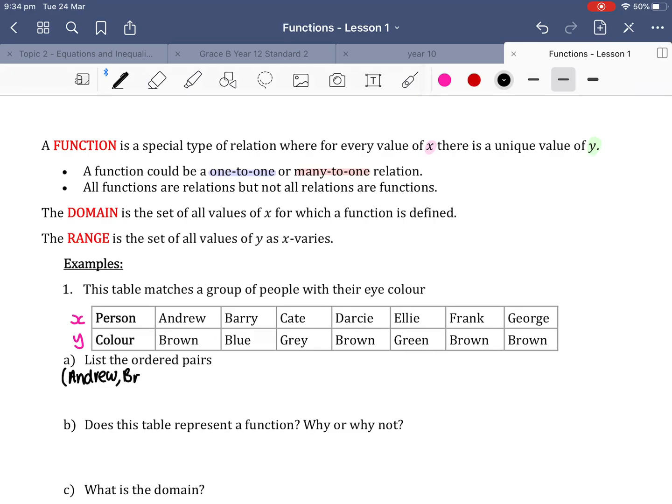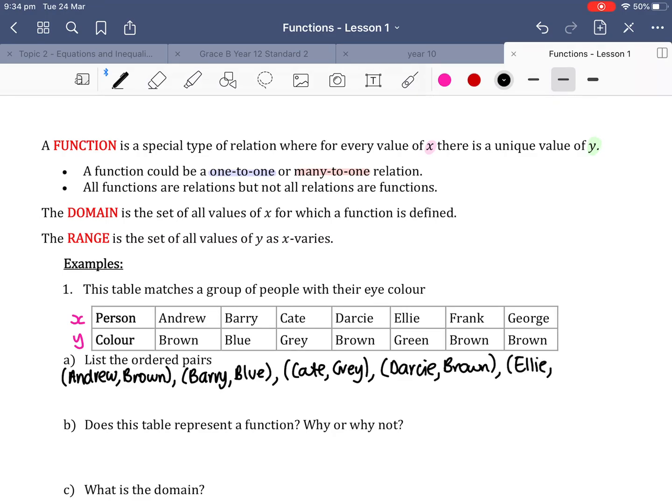So our first ordered pair is Andrew and his eye colour, which is brown. Then our next ordered pair is Barry and his eye colour, which is blue. Then we have Kate and her eye colour, which is grey. We have Darcy and her eye colour, which is brown.